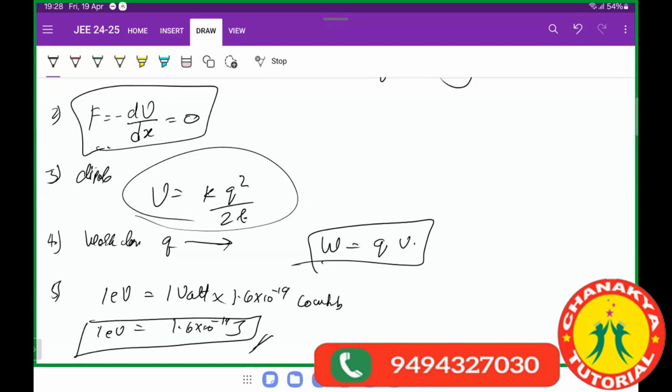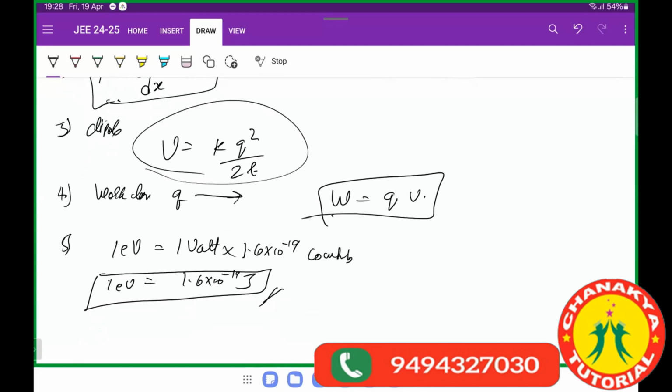So if you want to define this one, we can say 1 electron volt equals 1.6 into 10 to the power minus 19 coulomb of charge moved from one point to another point across 1 volt.